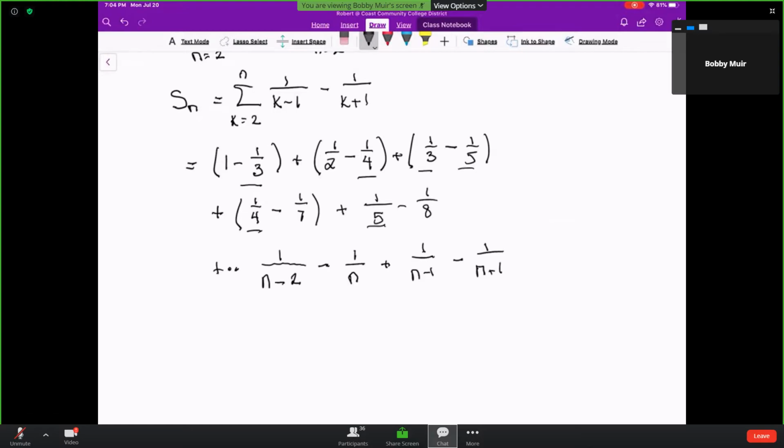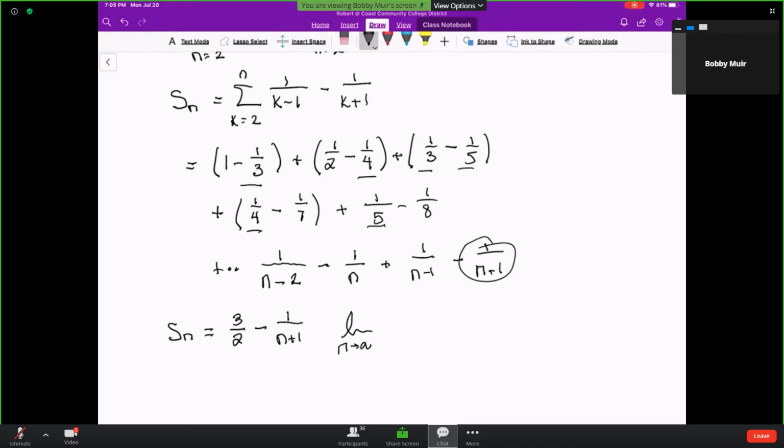Okay. Now, eventually, everything is going to cancel, except for that 1 and the half, and then this trailer piece right here. So the Sn apparently is equal to 3/2 minus 1 over n plus 1.